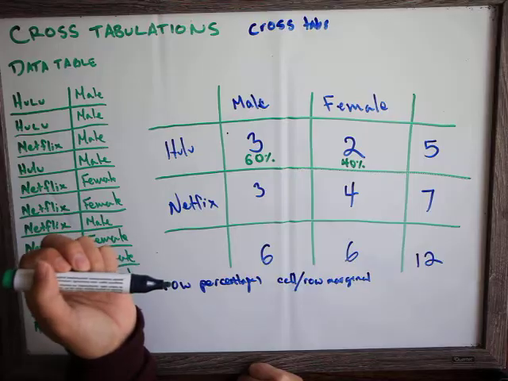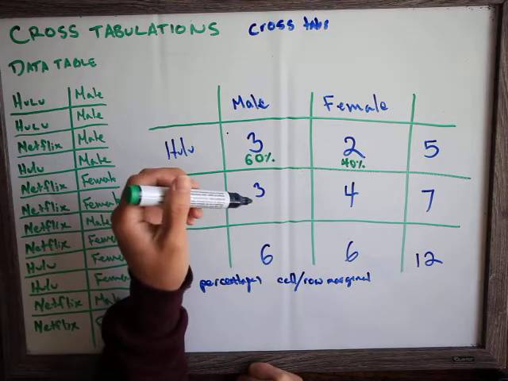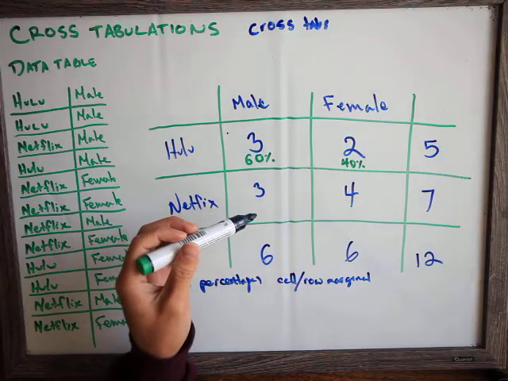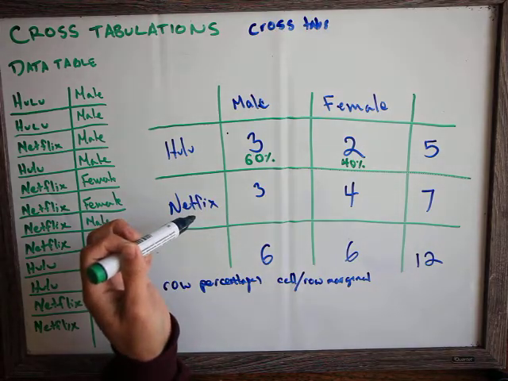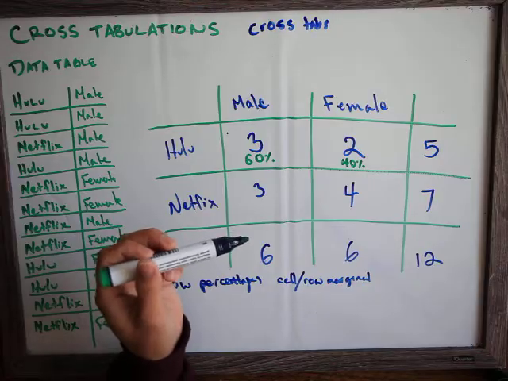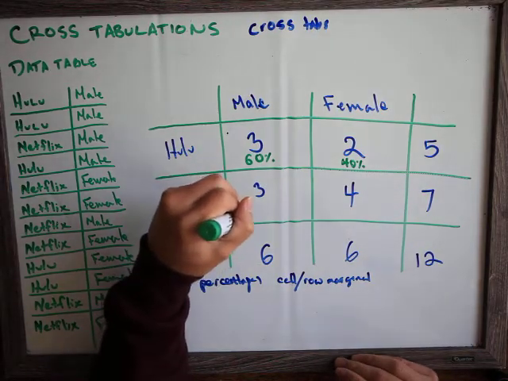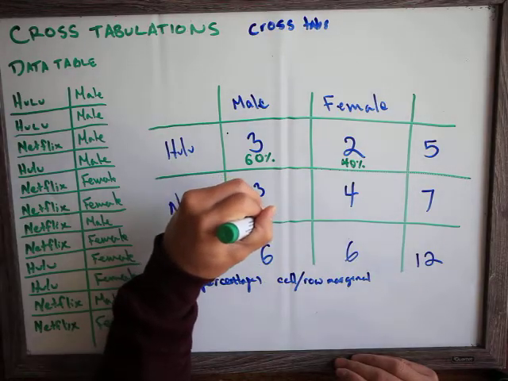Now let's do the same for Netflix. 3 divided by 7 is how to find the percentage of Netflix watchers that are male, and that is 43% approximately after rounding.